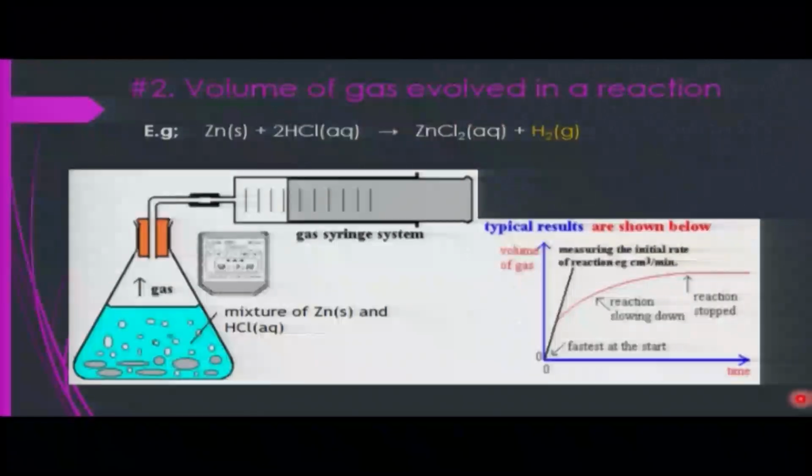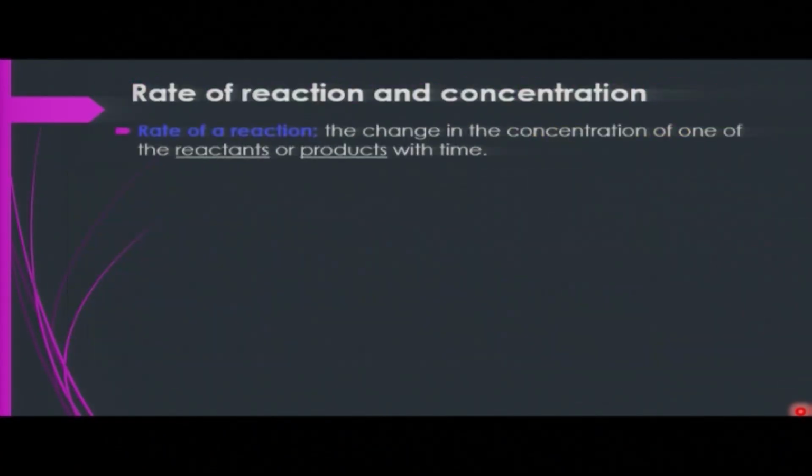That is possible if we sum up the whole aspect in terms of concentration. So for the rate of reaction, instead of using mass alone, volume alone, and those other physical quantities, we look at the whole component of the reactants, and it is best described in terms of concentrations. So the rate of a reaction is basically the change in the concentration of either one of the reactants or products with time.